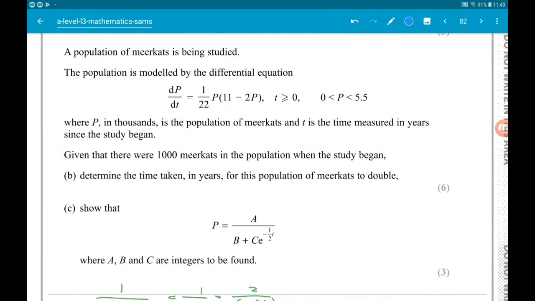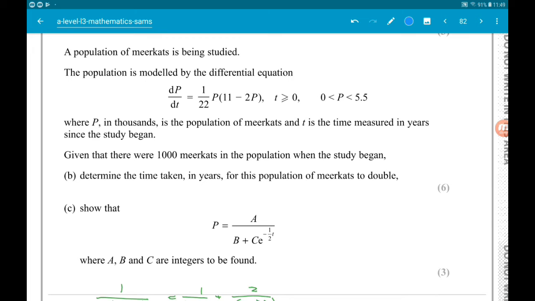Okay, here we go then, this bit's going to be fun. So, the population of meerkats is being studied. The population is modelled by the differential equation dp over dt is 1/22 p times 11 minus 2p, where t is greater than or equal to 0, p is between 0 and 5.5, where p in thousands is the population of meerkats and t is the time measured in years since the study began.